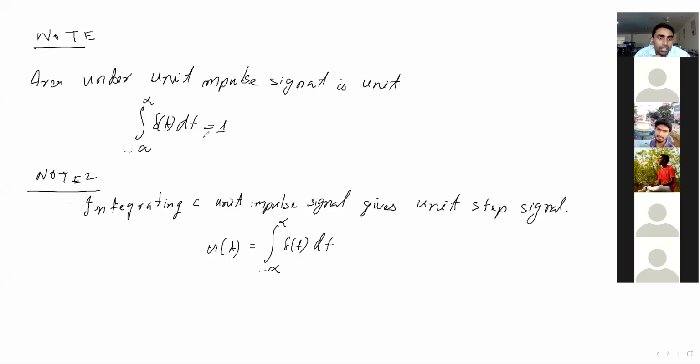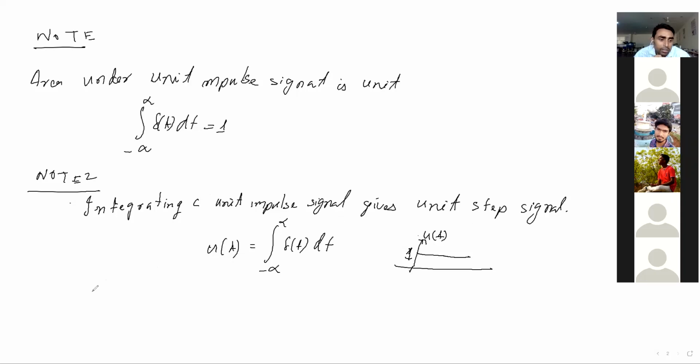You can ask, sir, you showed that the integration of del t dt equals 1, but why do you write unit step signal? We know that in the plot of the unit step signal, the amplitude is 1. So this 1 is nothing but the unit step signal. This is the relation you have to remember: integrating the unit impulse signal gives the unit step signal.